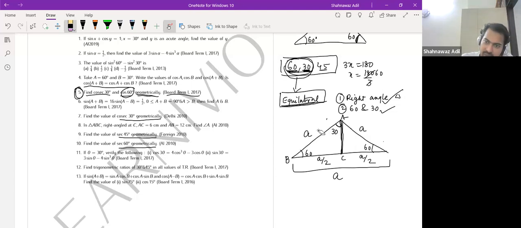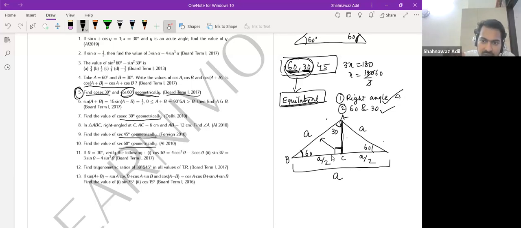Always remember, opposite to the 90 degree angle is the hypotenuse. If this is the angle we are choosing, then this is the perpendicular and this is the base. So what should we calculate? AC, because we will know all the things.